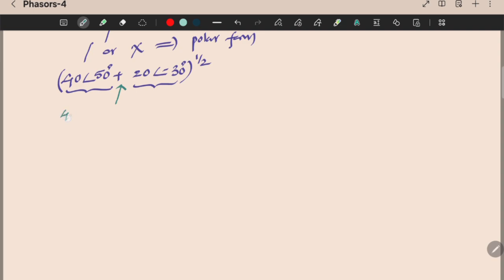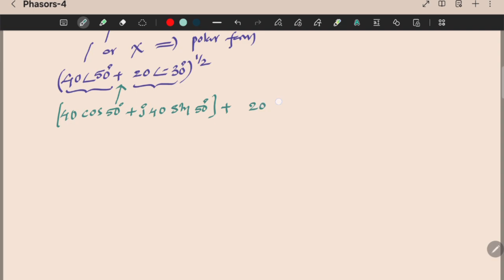We know how to convert them. That is 40 cos of 50, the real part, plus j 40 sine 50, the imaginary part. So 40 at an angle of 50 has been converted into the rectangular form. Plus now 20 at an angle of minus 30 I am also going to write.